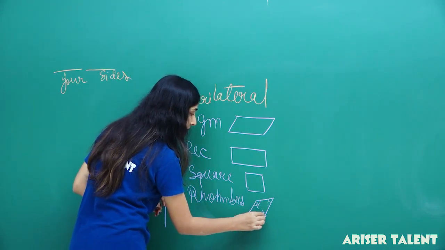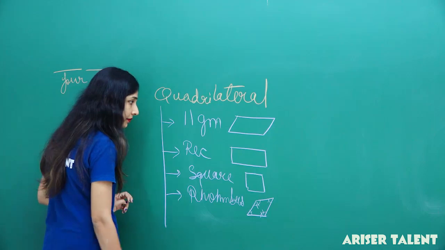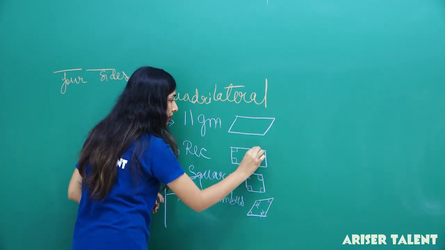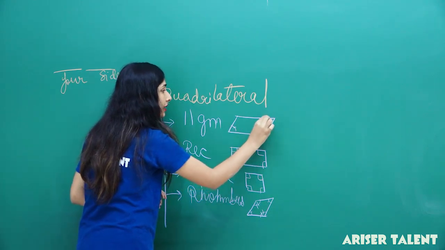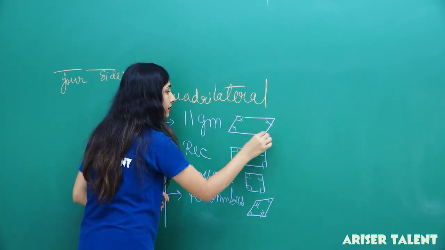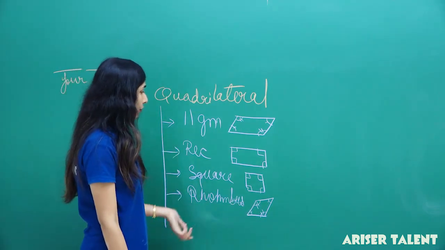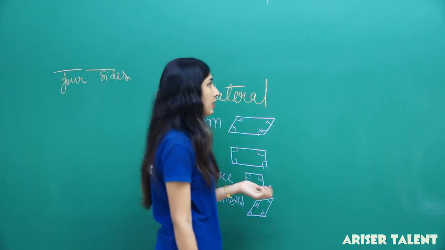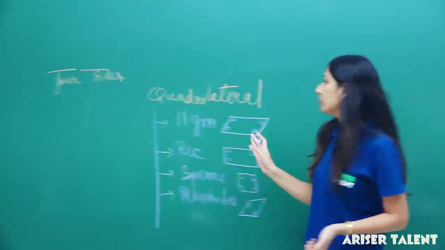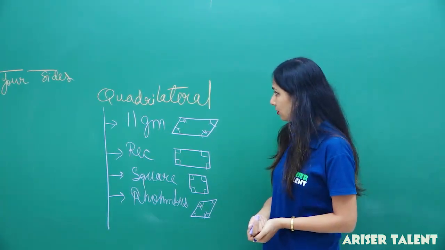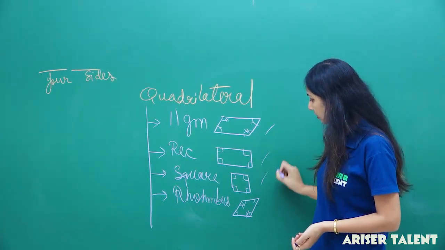These angles will be the same here, that will be 90 degrees in both cases. These angles will be the same in this case. So, these are some of the properties, and you know all these properties of the diagonals too, these diagonals also have properties. So, we have some properties here.